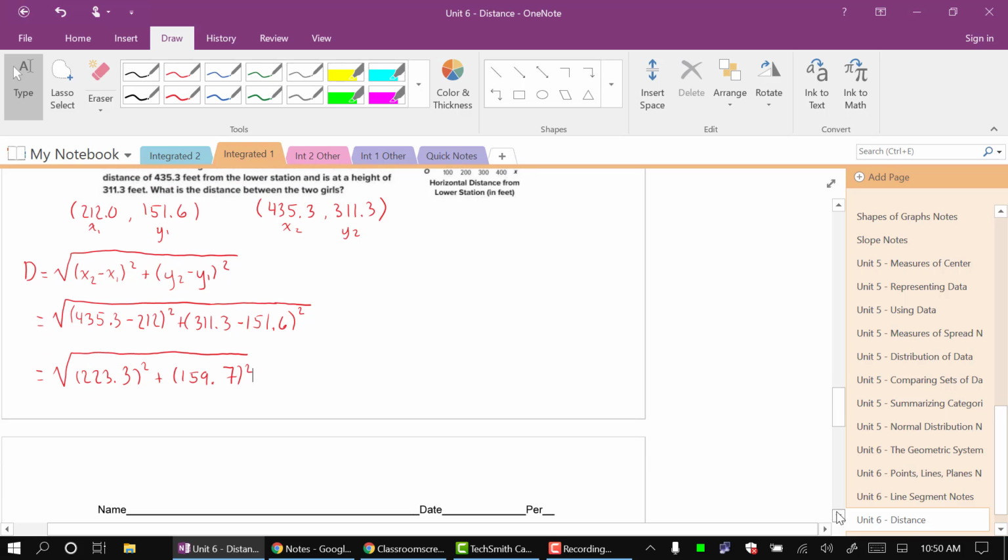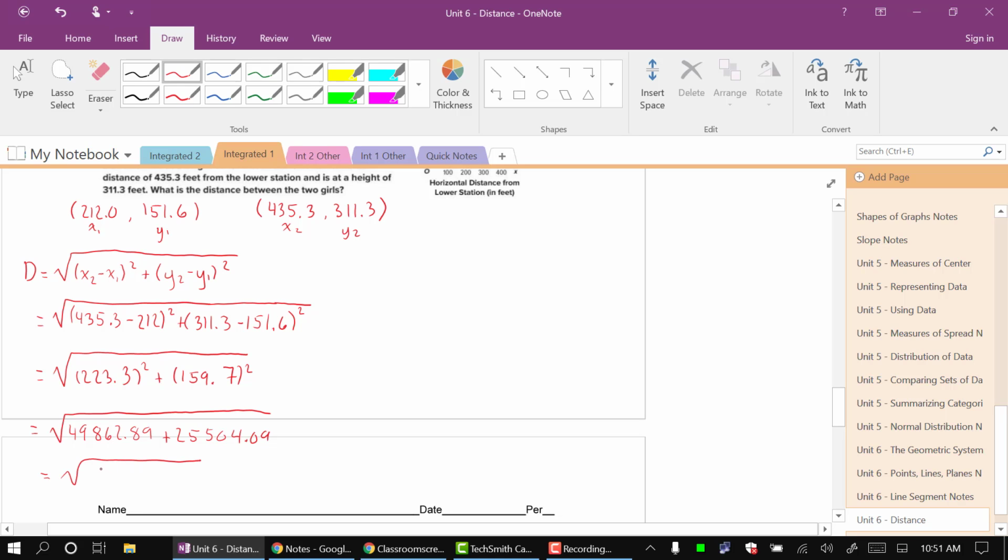Now let's square these out. When I square them out, I'm going to get some really big numbers. That gives me 49,862.89 plus 25,504.09. Add these two up.